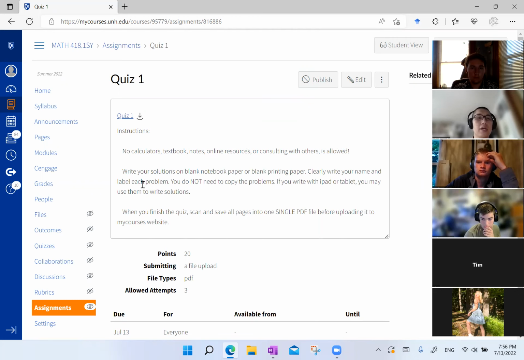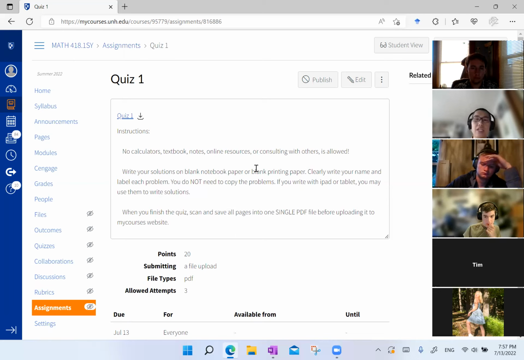Just do your best. It says write your solutions on notebook paper, blank printing paper, or graphing paper, whatever paper is fine. Just make sure there are no lecture notes at the top of the page, right? So if you use your notebook to take notes, just move to a new page to start working on the quiz.